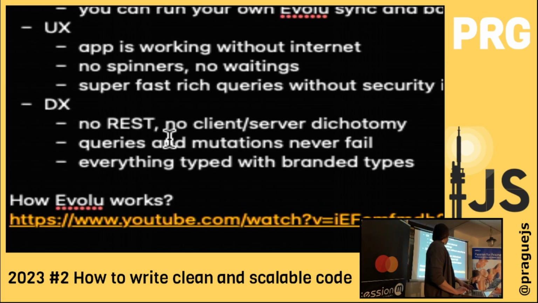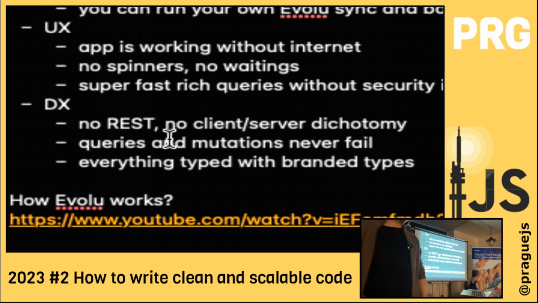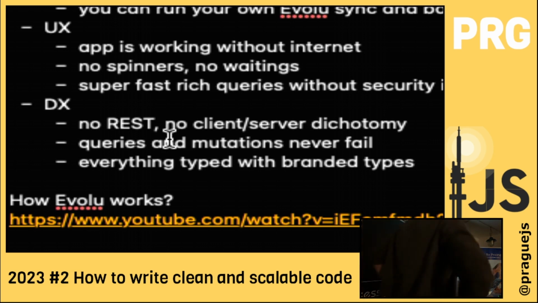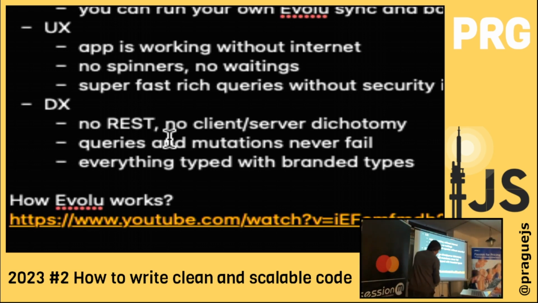Developer experience. As you saw in the previous talk, client-server is actually not easy. To add one simple to-do in your to-do list, you have to visit many layers of your application. You have to validate in the client, then send data to the server, waiting for the data to be delivered.